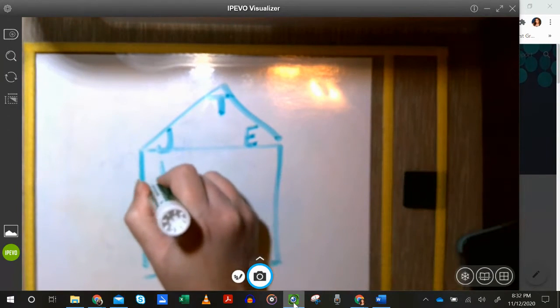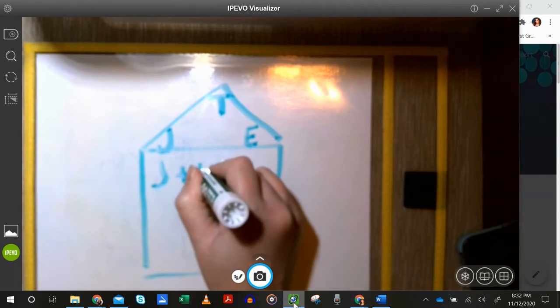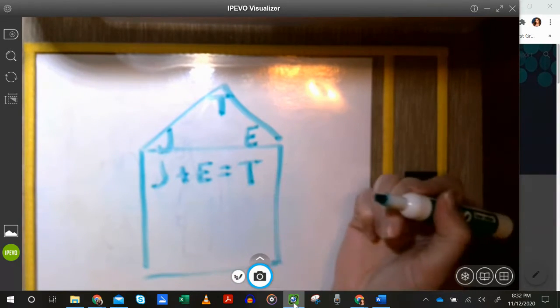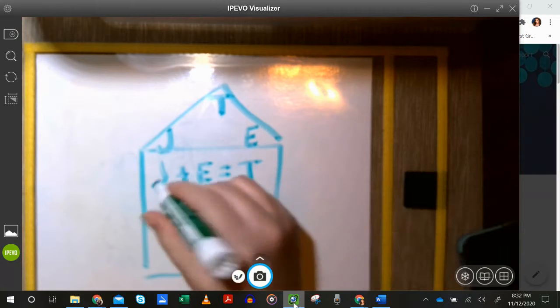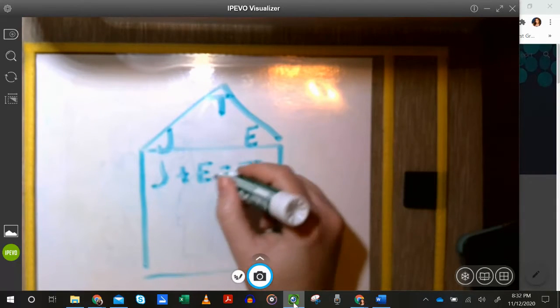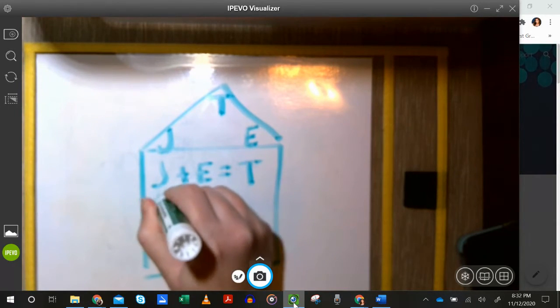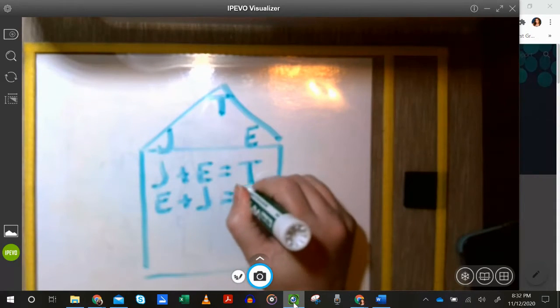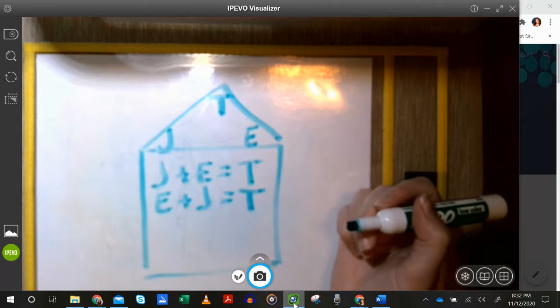And when Jackson and Emily were together, we could call them the Turners. And it didn't matter if we were looking at Jackson and then Emily, or Emily and then Jackson. Together, they are still the Turners.